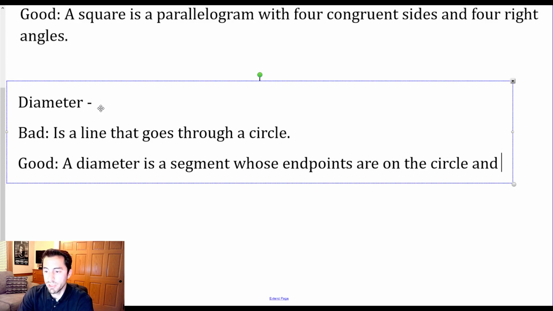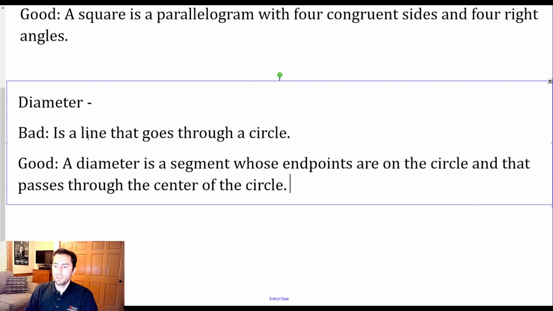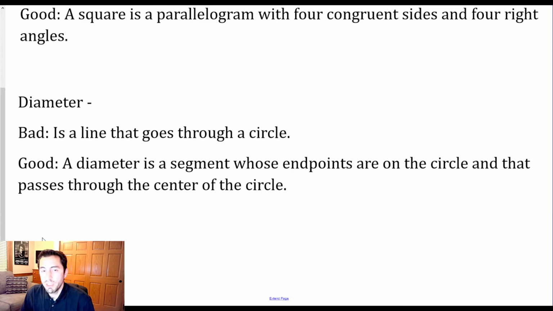So a diameter is a segment whose endpoints are on the circle, and a segment that passes through the center. So again, I'm including everything we need to know about that diameter. We're being specific, but we are also not including things that we don't have to.